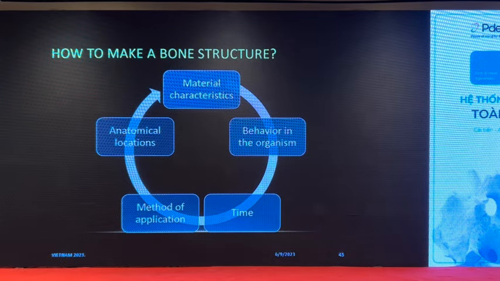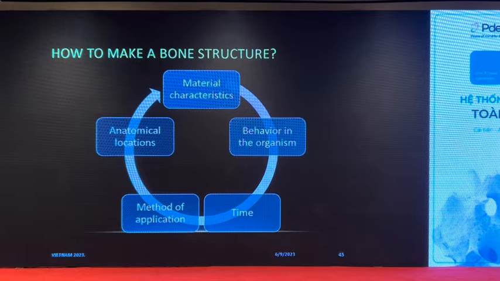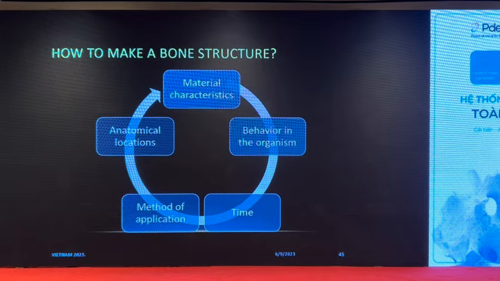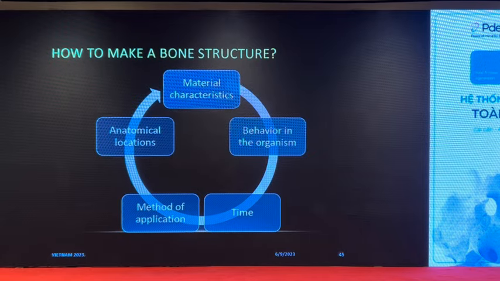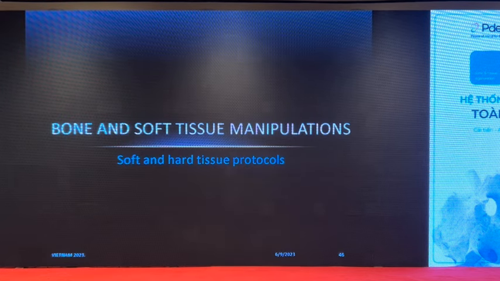So we need to analyze what kind of material we are dealing with, what the behavior of that material in the organism is, how much time we need to get final results, what the methods of application of these materials are, and whether we have specific anatomical locations where we want to use these augmentations, and bone and soft tissue manipulations.